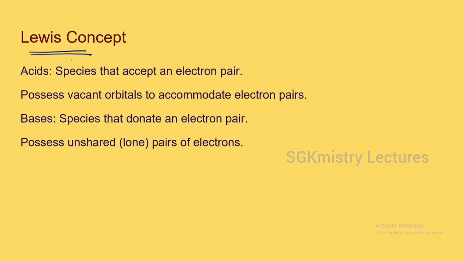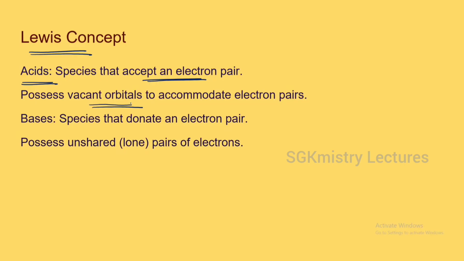Again, this theory is mainly based on electron pair donation as well as acceptance. According to this theory, the acids are the species which accept an electron pair, so they have a tendency to gain electron pairs. In other words, I can also call them electron pair acceptors. They accept these electrons because they have vacant orbitals which help them in accommodating one or more electron pairs.